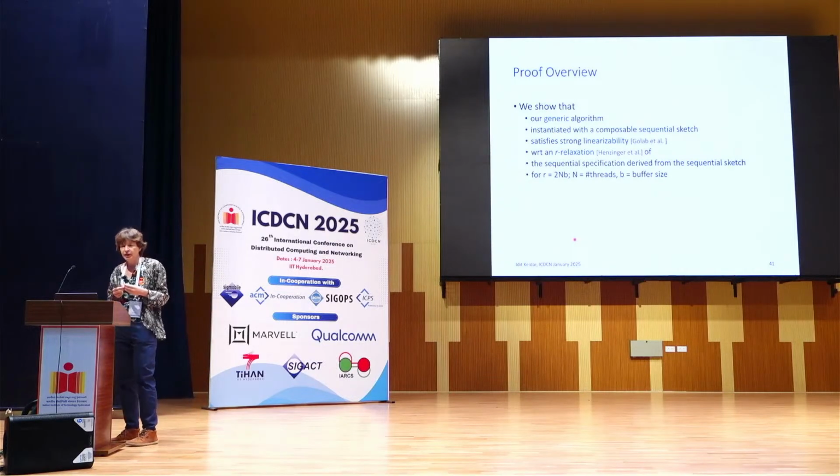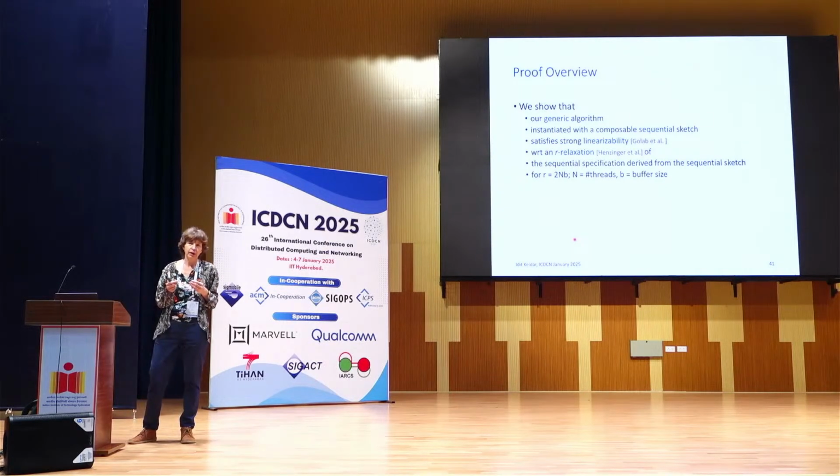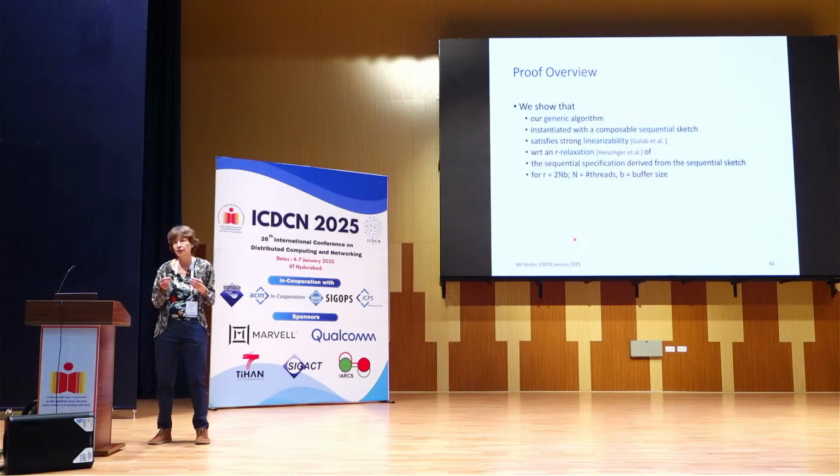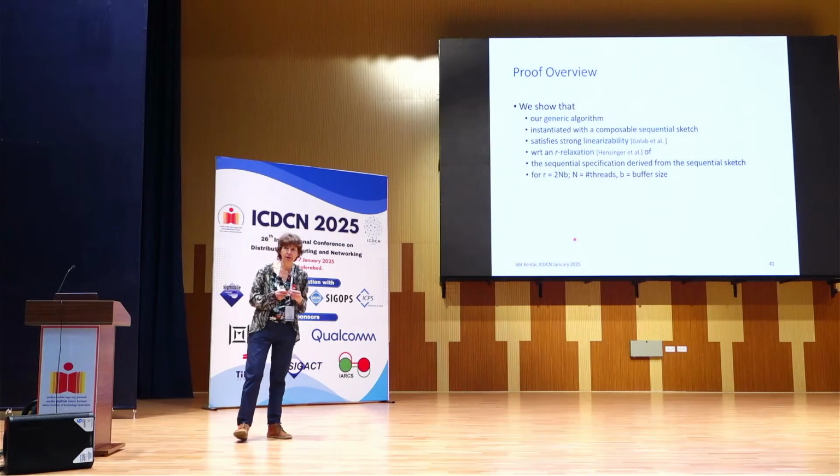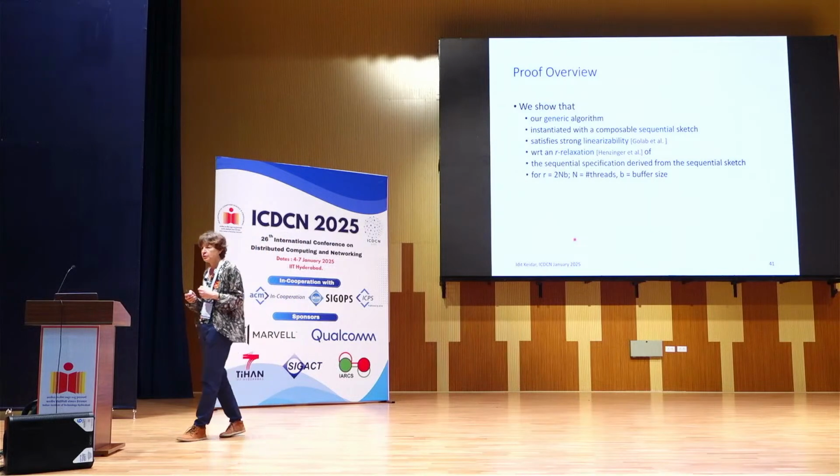And the impact that it has on the error is the buffering. And this is formally captured by a property called R-relaxed linearizability by Henzinger et al., which is a very clean and formally defined way to quantify the divergence from linearizability.